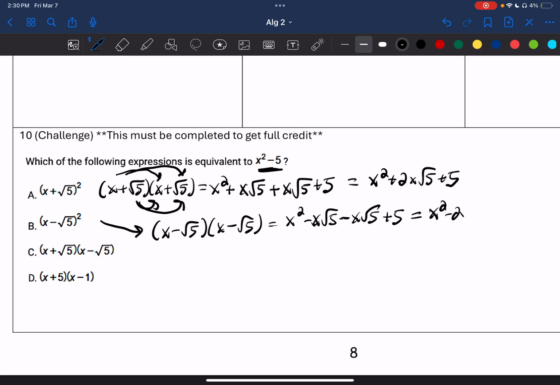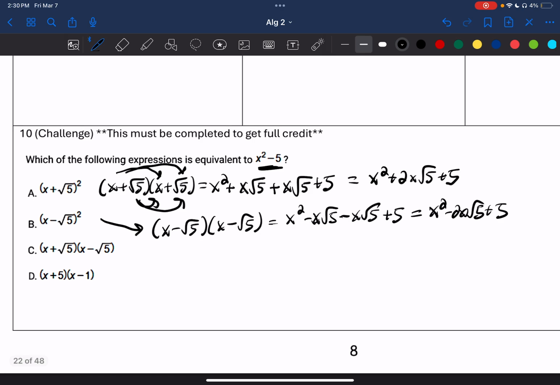X squared minus 2x root 5 plus 5. All right. And then finally here, at this point, I guess pause. We're trying to get something equal to this. So we do all this out, we get this. We can see that this is not equal to that. We see that this is not equal to that. So we're evaluating these expressions. We're trying to get something that looks like that.